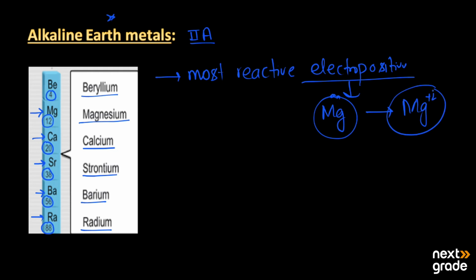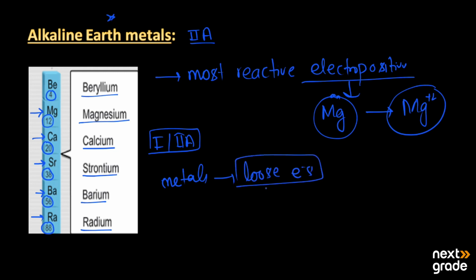So alkali and alkaline earth metals are present in the periodic table in group 1 and group 2, and they all are metals in nature. Metals in nature means they can lose electrons easily and change into positively charged ions.